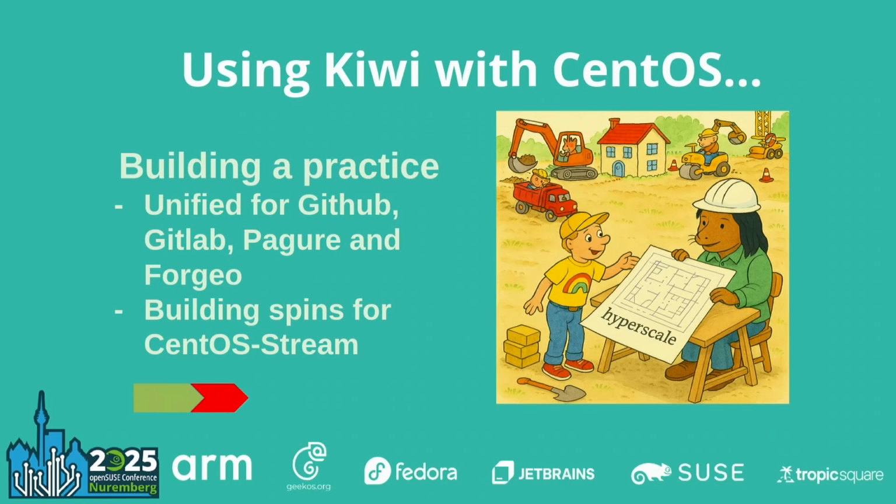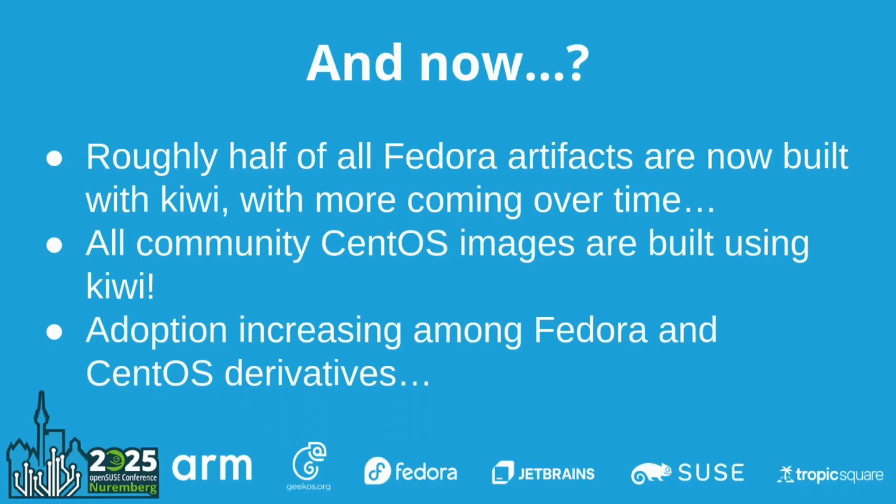It is a community Linux tool. It's 100%. A great one at that. Yeah. So now roughly half of all Fedora artifacts are built with Kiwi, with more coming over time. In fact, I didn't put it in here because I forgot until just now, but for Fedora RISC-V, that new architecture bring up, all the images were produced from the very beginning using Kiwi because it was stupid easy to just take what we already had and just run it for the RISC-V architecture.